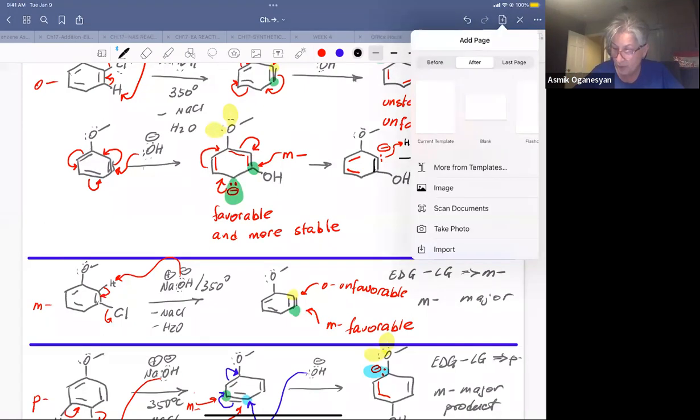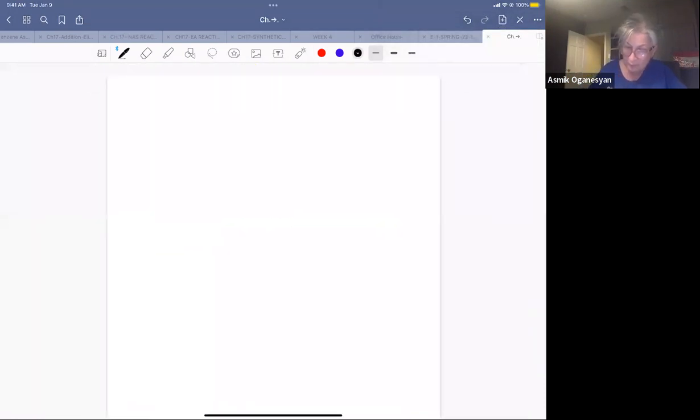Let's open up a new page. So let's run through a couple of scenarios. Let's do the predict-the-product type of problems. And now I want to give you a good mix of the problems and see if we can figure out the right solution.